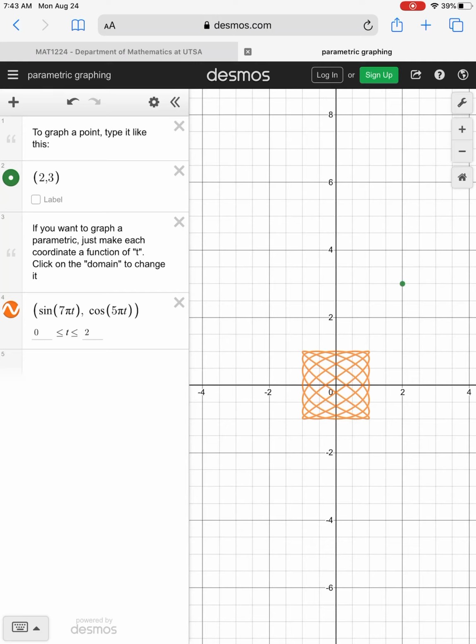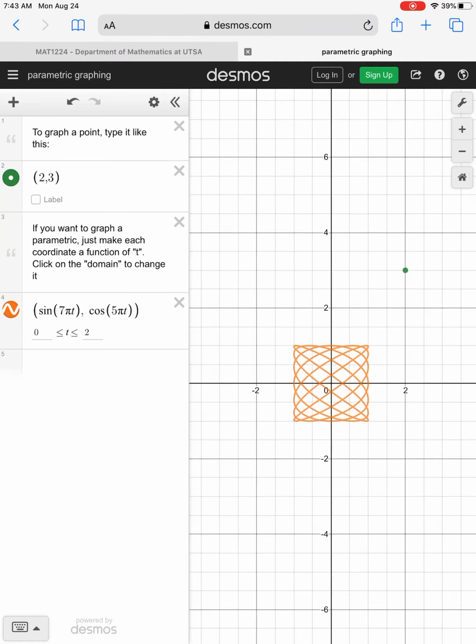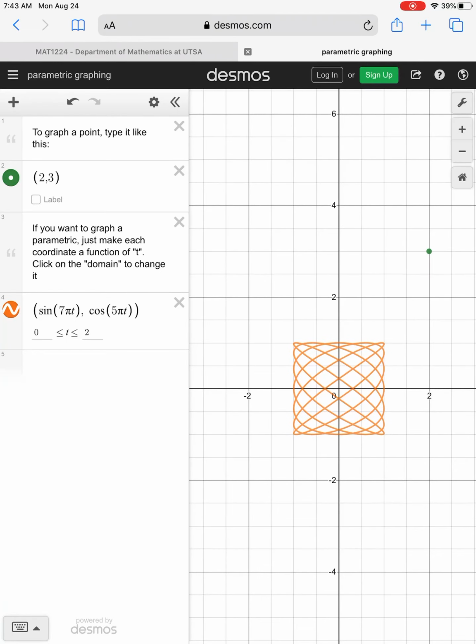So in order to do that, we can just input the parametric equations x of t and y of t as an ordered pair, as shown here. And then we might specify a domain. So we see, for instance, if we had the parametric equations, x is sine of 7 pi t, and y is cosine of 5 pi t, as t ranges from 0 to 2, we have this very complex curve sketched out.